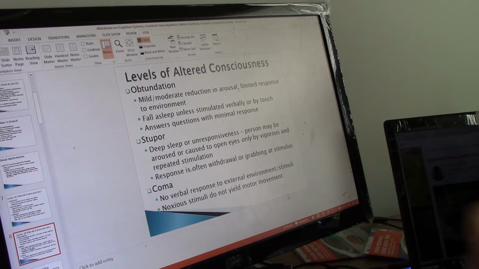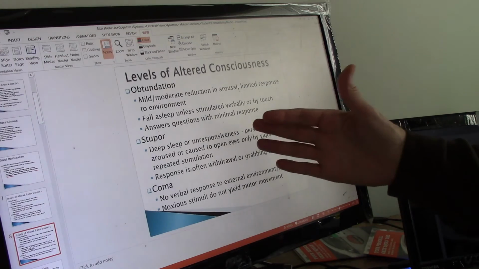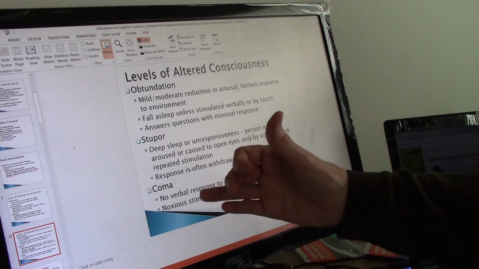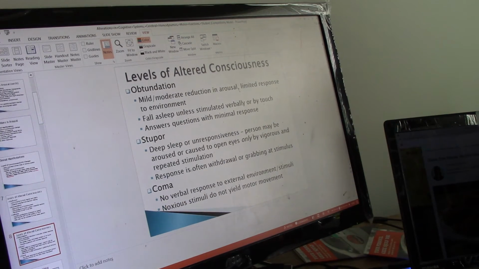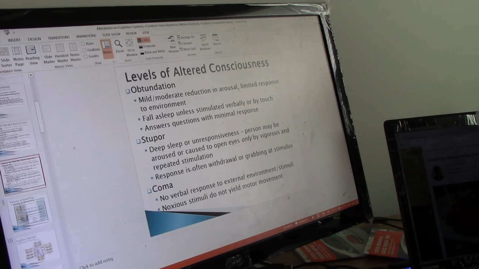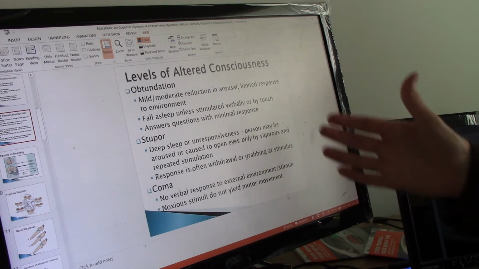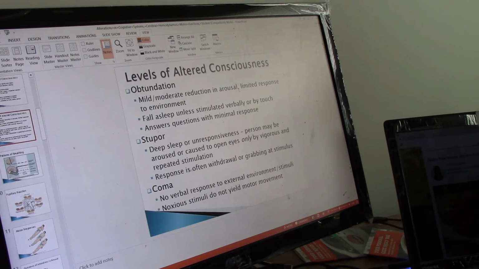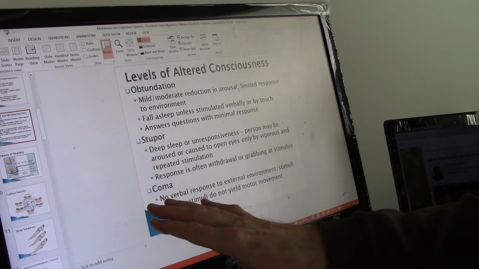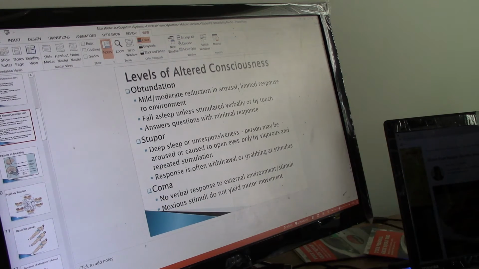That's just about it. But if you can't even do that, then you lapse into coma, where you just do not have any consciousness at all. Now, hopefully that's a transitory situation and you'll come out of the coma, but sometimes people don't, unfortunately. But that is a condition of complete unconsciousness.